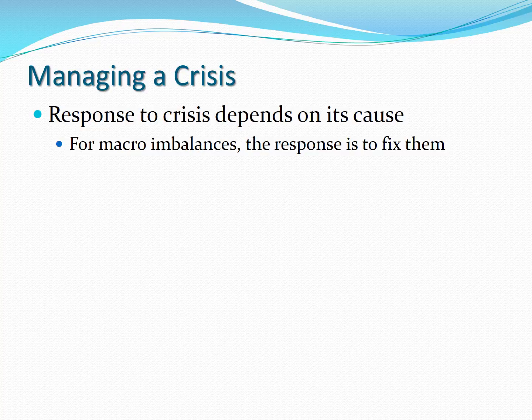If you had been running large trade imbalances, importing more than you're exporting, well, what you might want to do is weaken your currency, depreciate your domestic currency. That means it would be more difficult for domestic importers to make purchases of foreign goods and services.